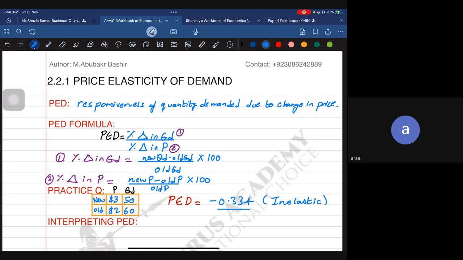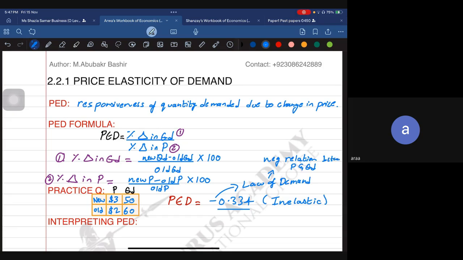Usually you are told that you have to ignore the sign, but ignoring doesn't mean that it doesn't have a meaning. The negative sign means the law of demand. It shows that there is a negative relation between price and quantity demanded, right?